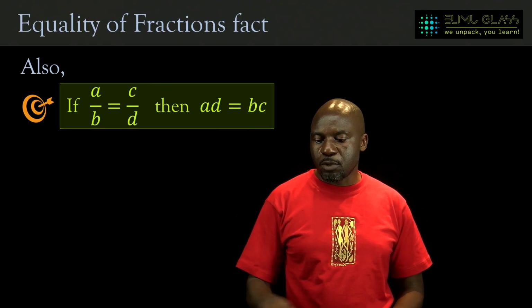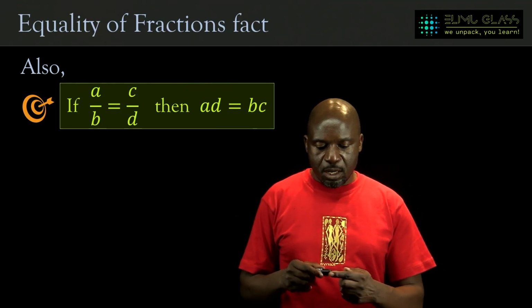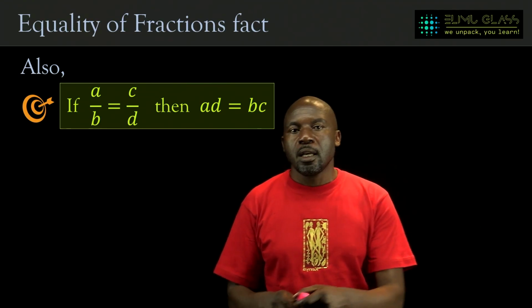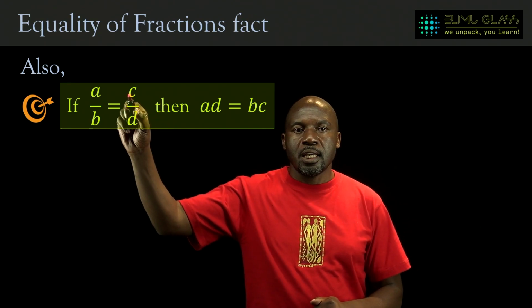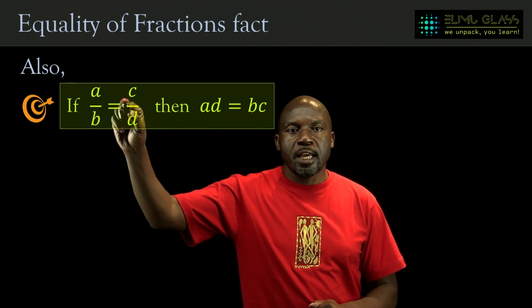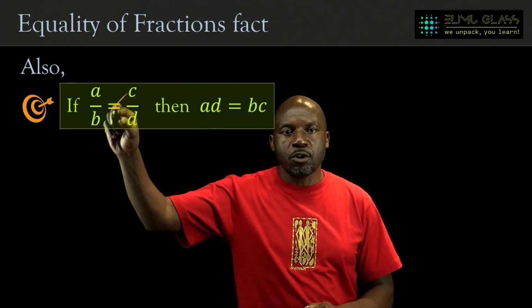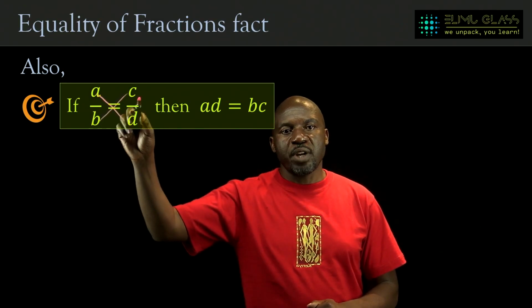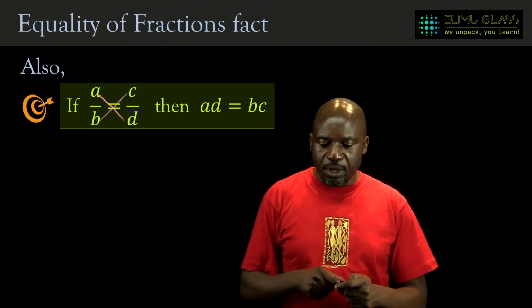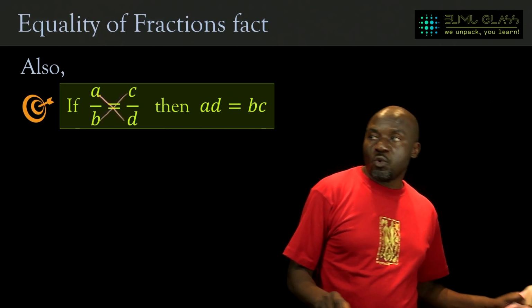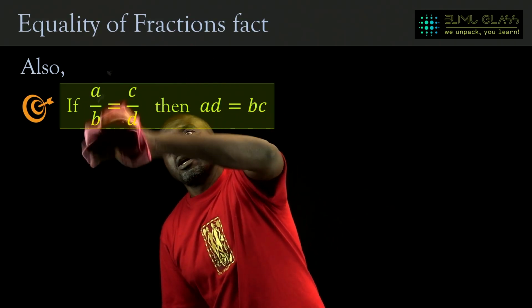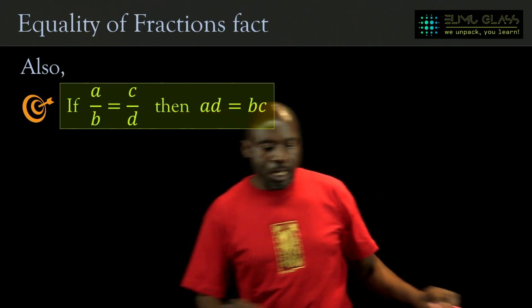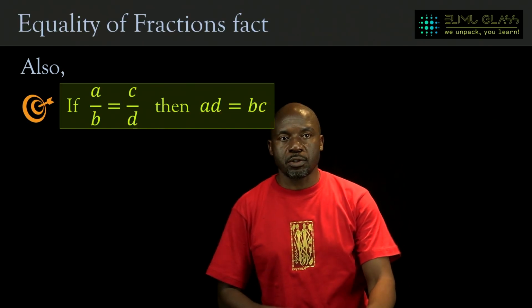We call it cross multiplication because this c is multiplying b, and this a is multiplying d, so we end up with a cross, and we refer to that as cross multiplication.